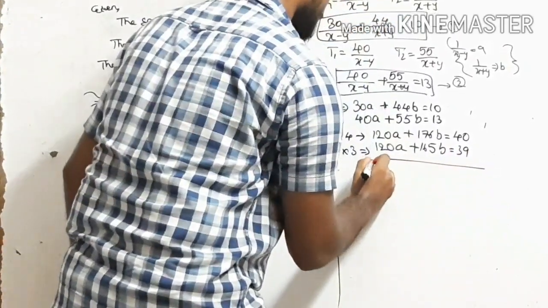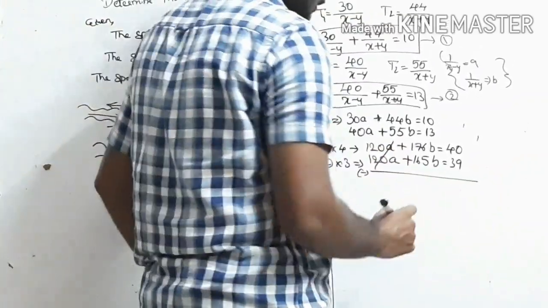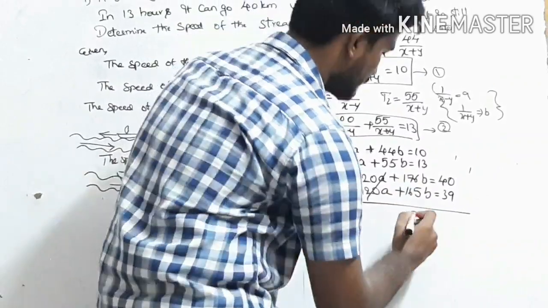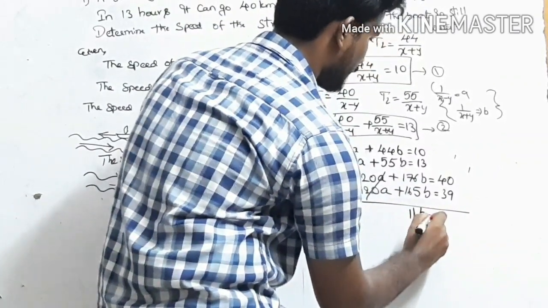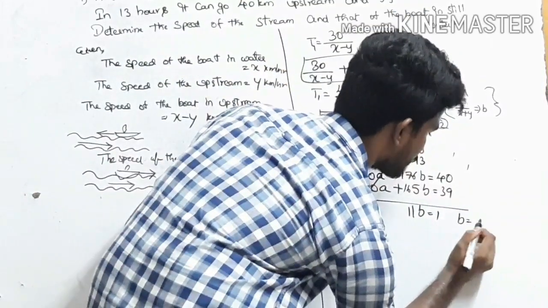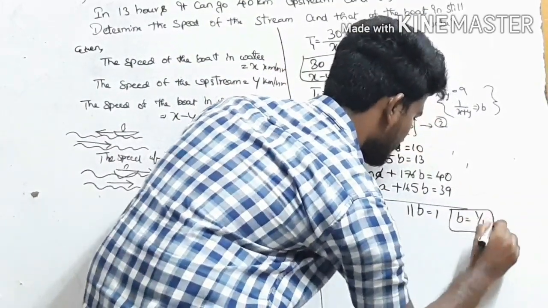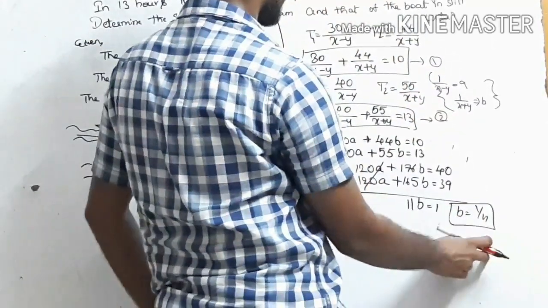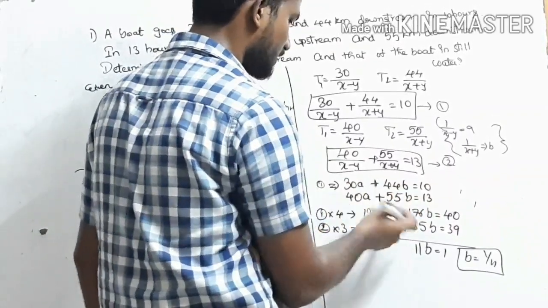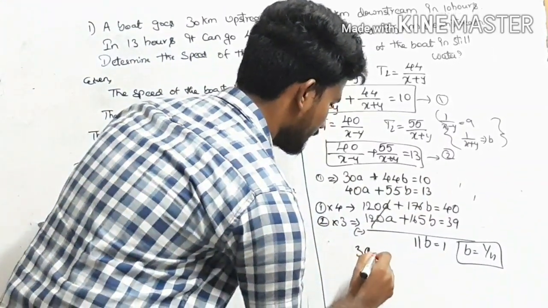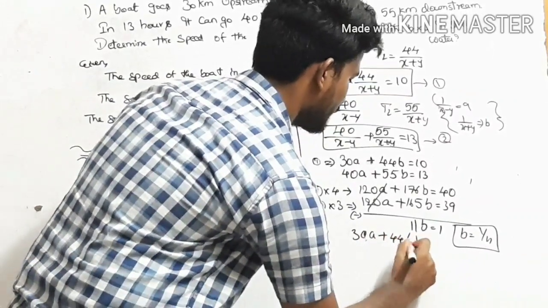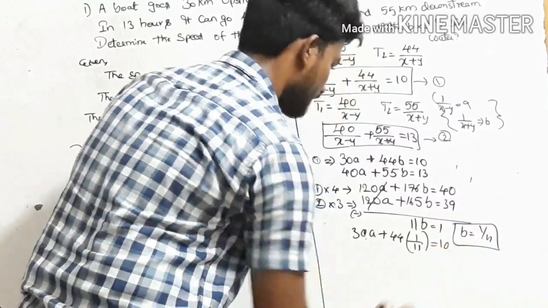By doing subtraction, the a terms cancel. 176 minus 165 is 11, so 11b equals 40 minus 39, which is 1. Then b equals 1 by 11. Substitute b equals 1 by 11 in the first equation: 30a plus 44 times 1 by 11 equals 10.